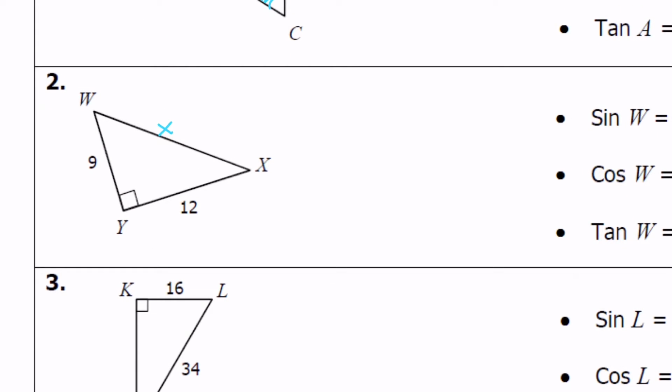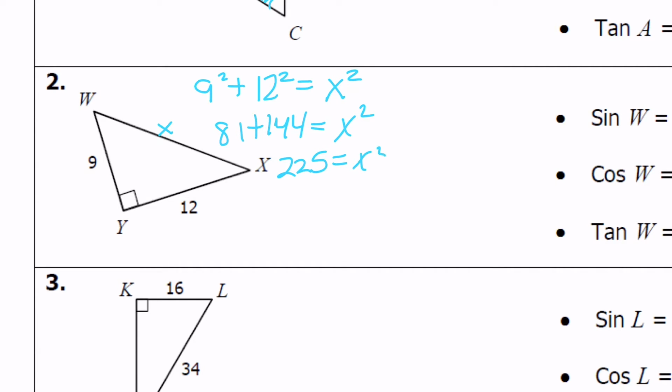So 9 squared plus 12 squared equals x squared. So 81 plus 144 equals x squared. So 225 equals x squared. Then I have to take the square root of both sides. So x equals 15. That means this side here is 15.